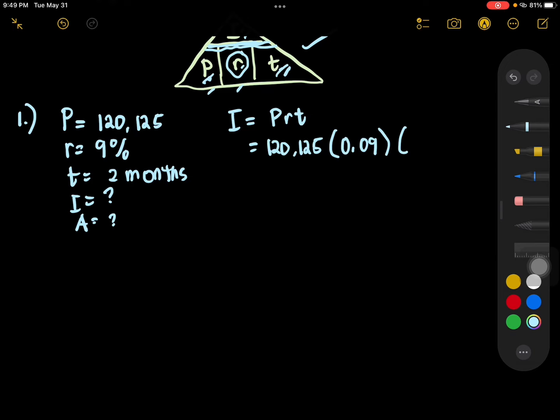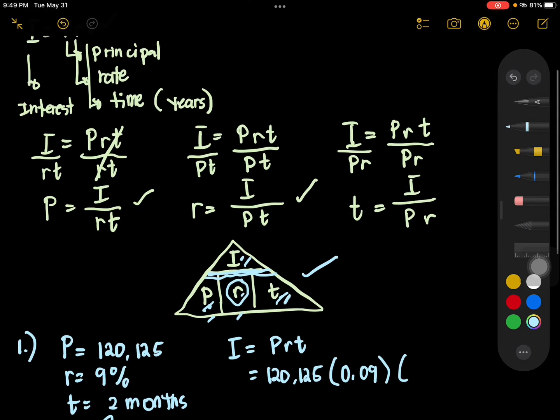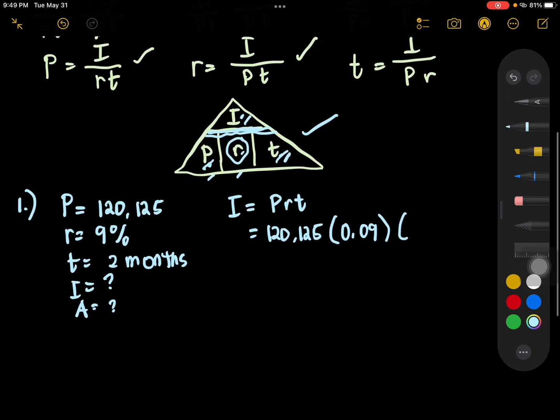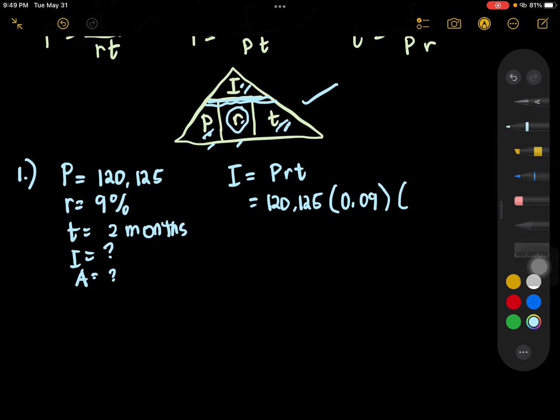Now, we mentioned here that the time should be in years. Since the given is months, how will you convert this months to year? What are you going to divide? What number? If your numerator is 2, your denominator is, you will divide 2 by, very good, it's 12. So if it's months, divide it by 12. If it's days, you divide it by 360, ordinary.